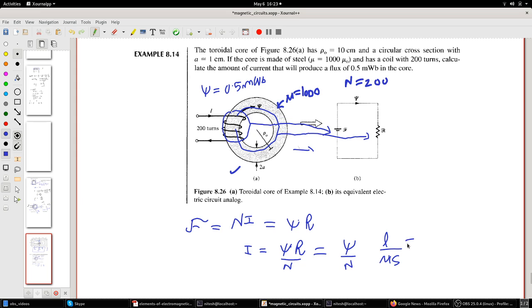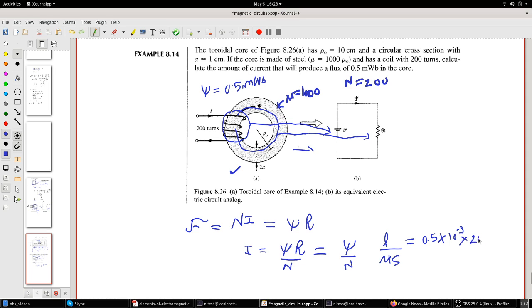So I know my psi is 0.5 milliweber, so 5 into 10 raised to minus 3. And the length L is 2 pi into rho 0, where rho 0 is given as 10 centimeters.